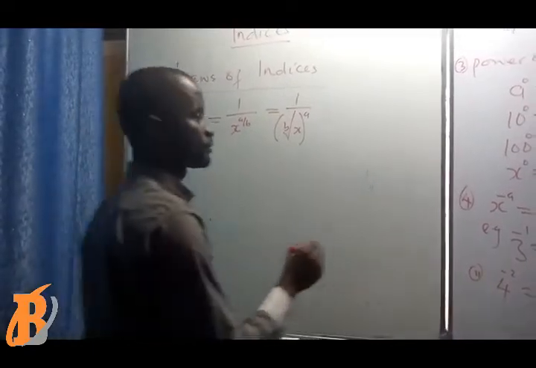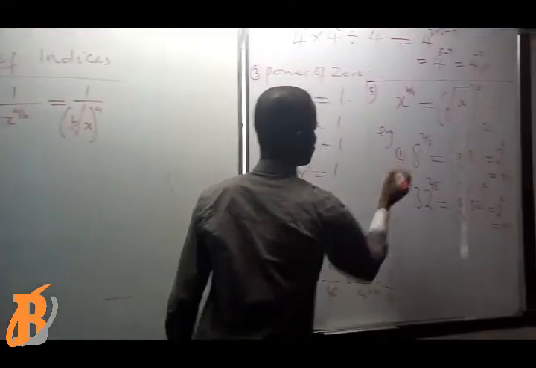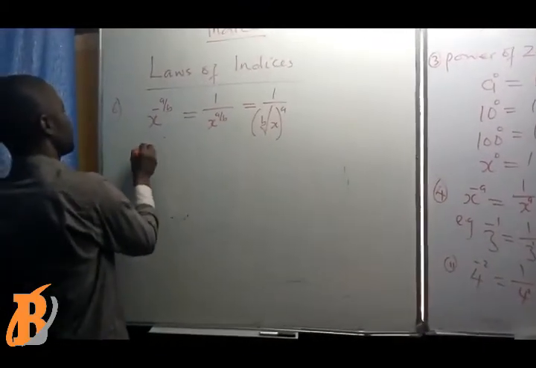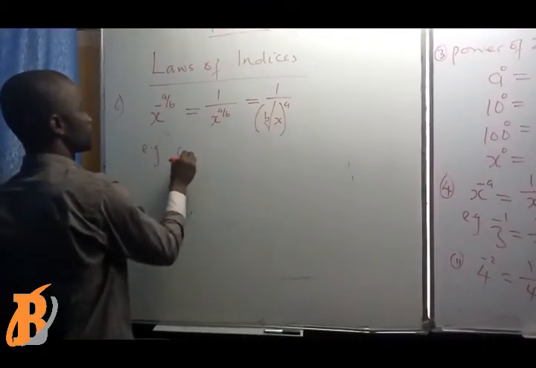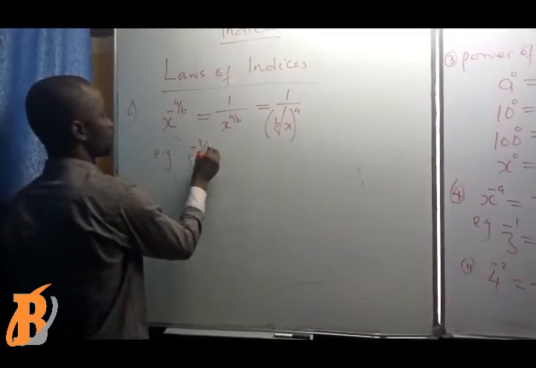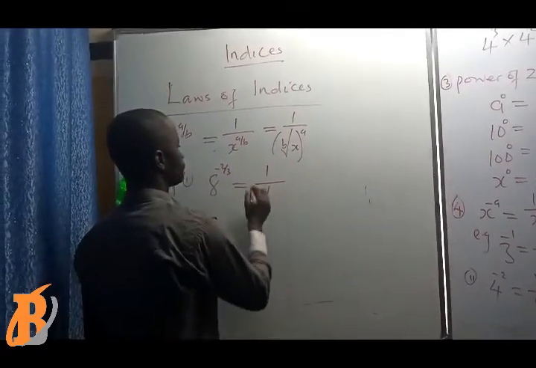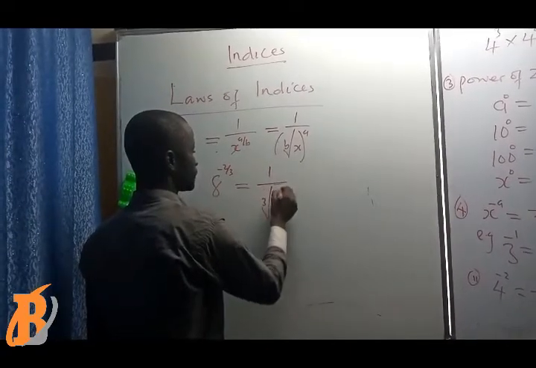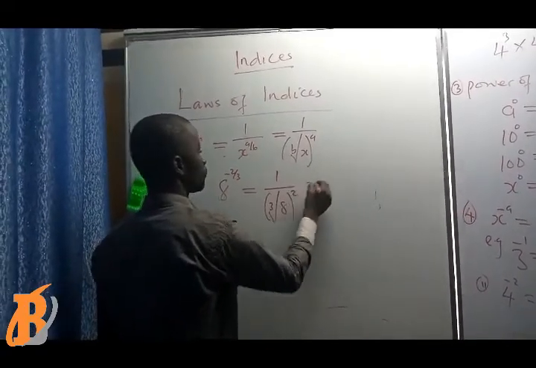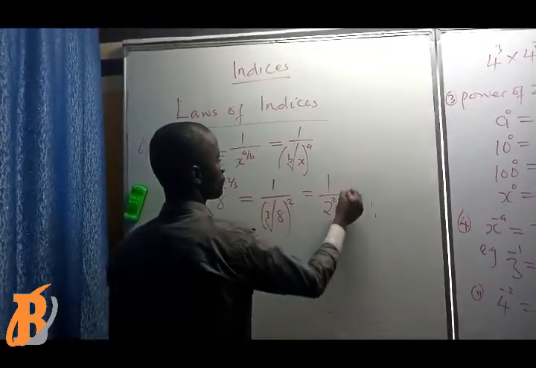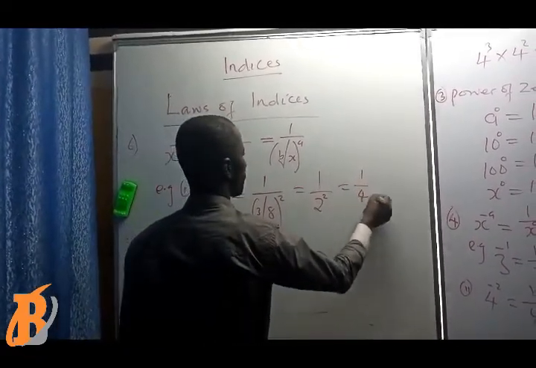For instance, let's use this, example number 1: you have 8 raised to power minus 2 over 3, the same thing as 1 over the cube root of 8 to the power of 2, equal to 1 over, the cube root of 8 is 2, to the power of 2, equal to 1 over 4.